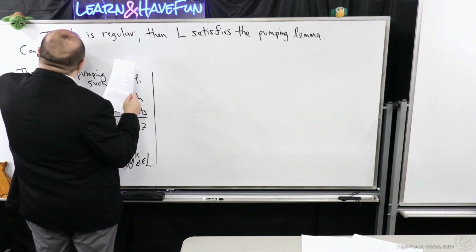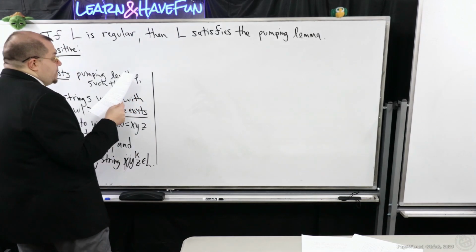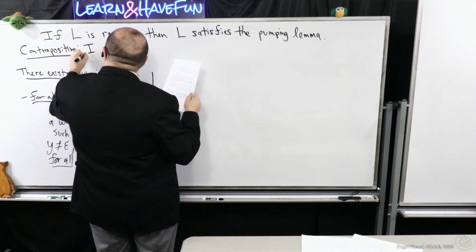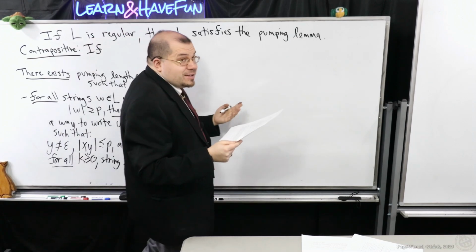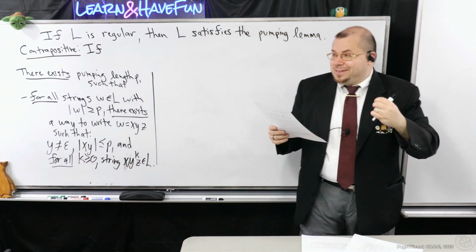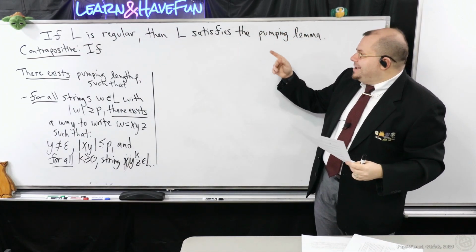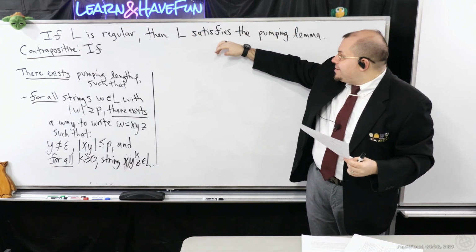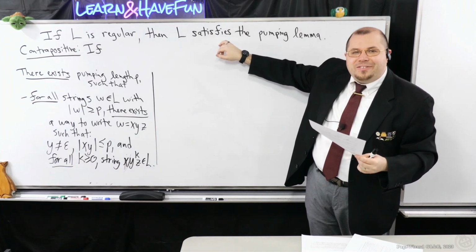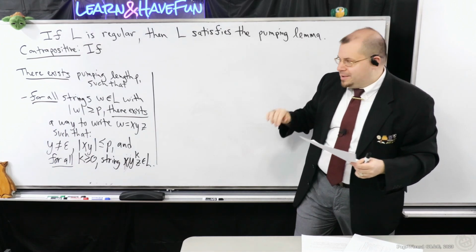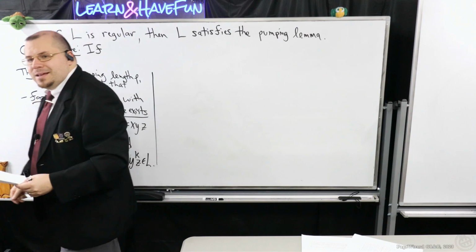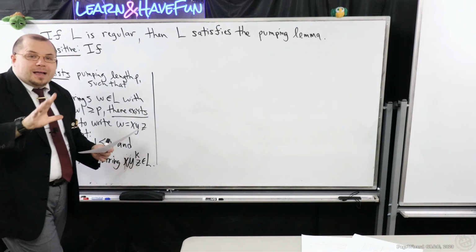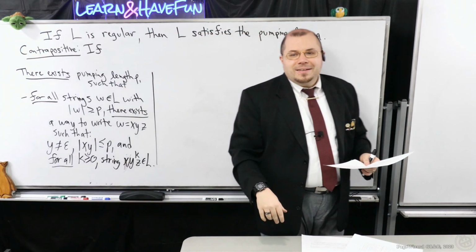So the contrapositive of the above statement is the following. And it makes a lot of sense. If you think about this in terms of common sense reasoning, L is regular means it satisfies the pumping lemma. What would it mean if L doesn't satisfy the pumping lemma? Remember, it's a property that all regular languages have.